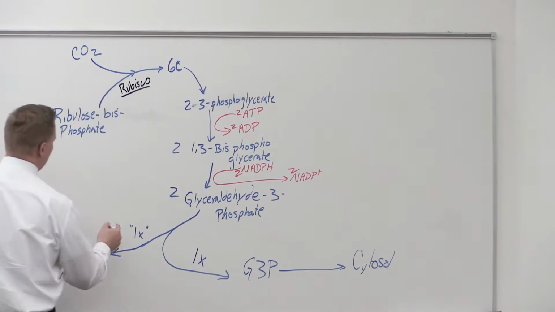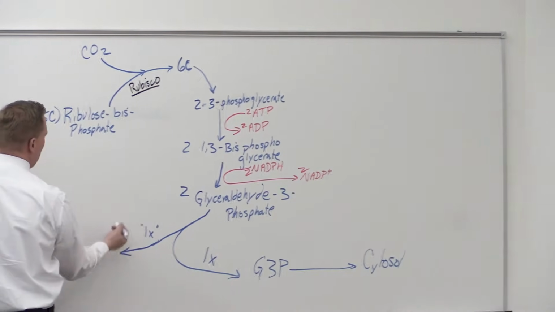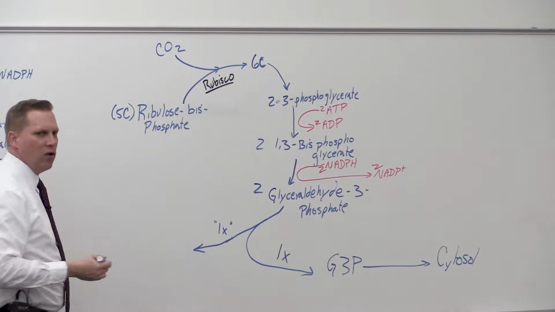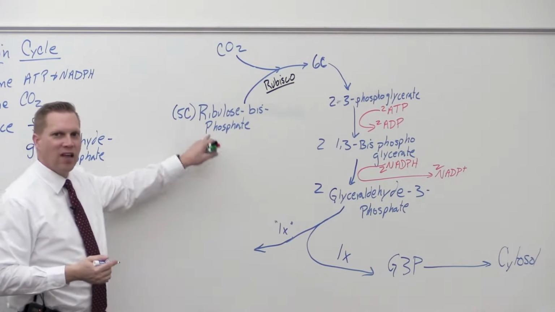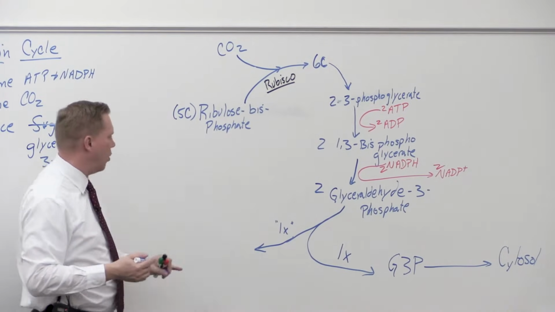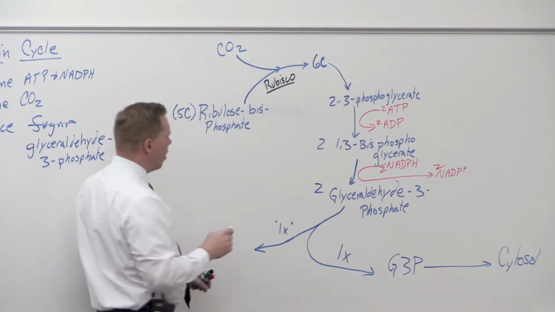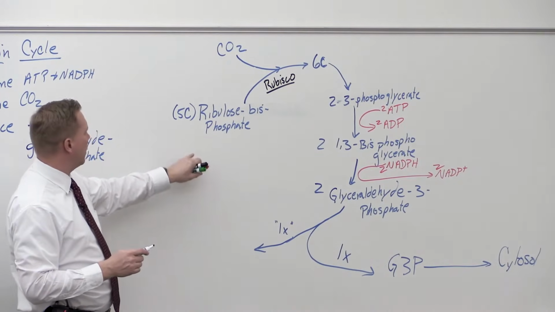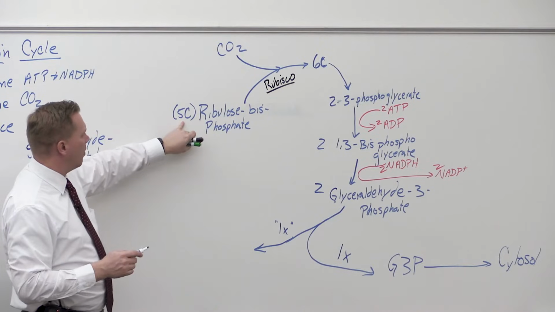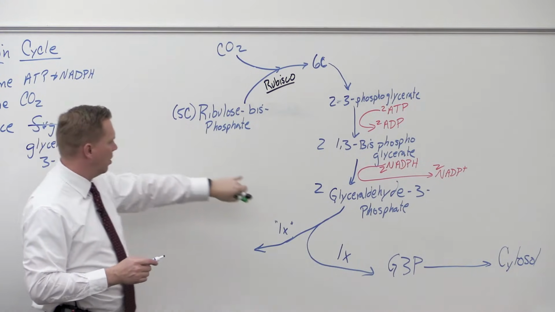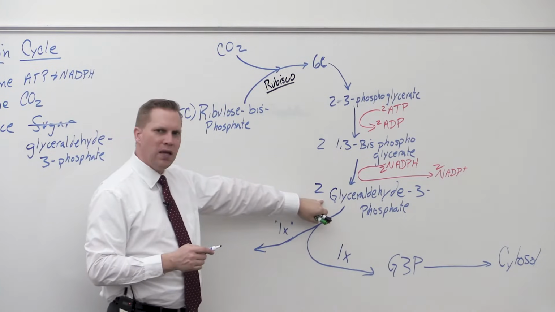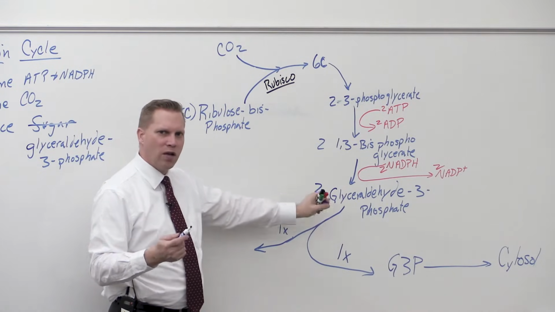Our next step is now we're going to take the other one and try and get back to our ribulose bisphosphate. Remember, because this is a cycle, it has to go over and over and over again. But we do face a bit of a problem in that up here, ribulose bisphosphate is a 5-carbon molecule, and our G3P over there only has 3 carbons.